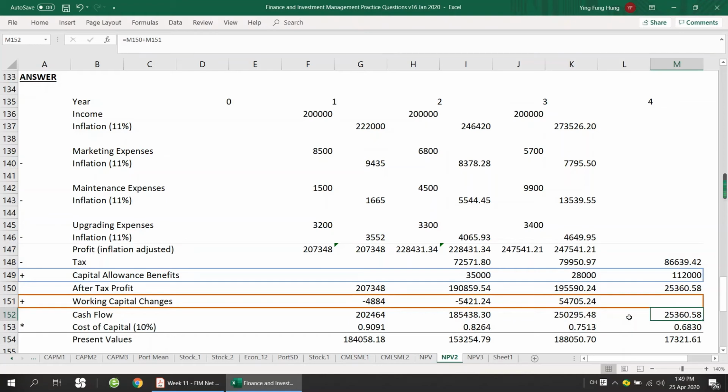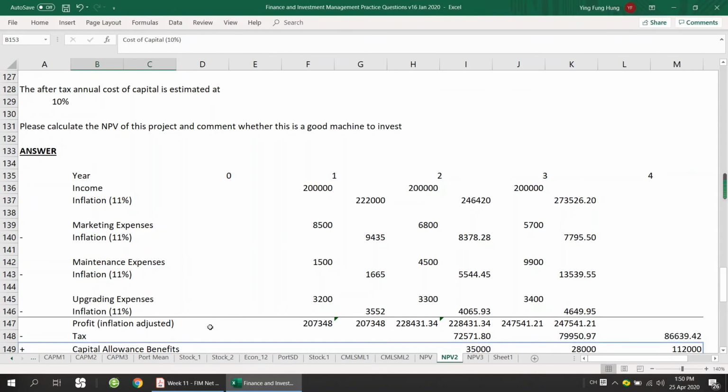Remember that the NPV is a discounting investment appraisal method, which means that it takes into consideration that money in the future will be worth less than money today. And in this case, we have to consider the cost of capital. Now, according to the question, the cost of capital after tax is going to be 10%.